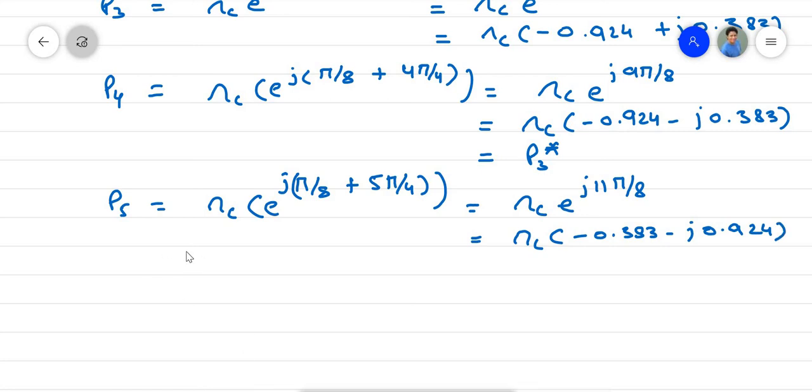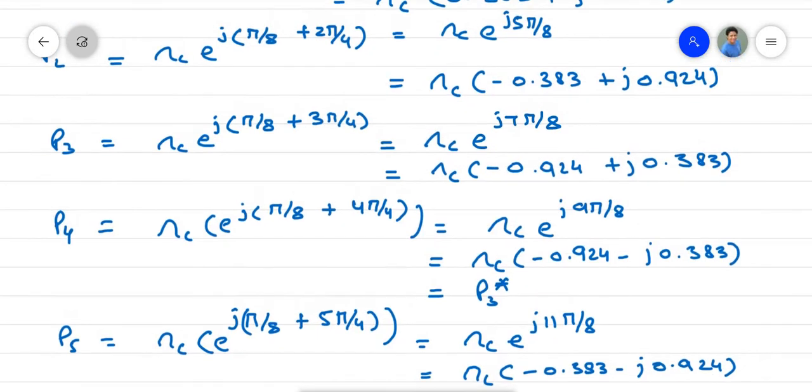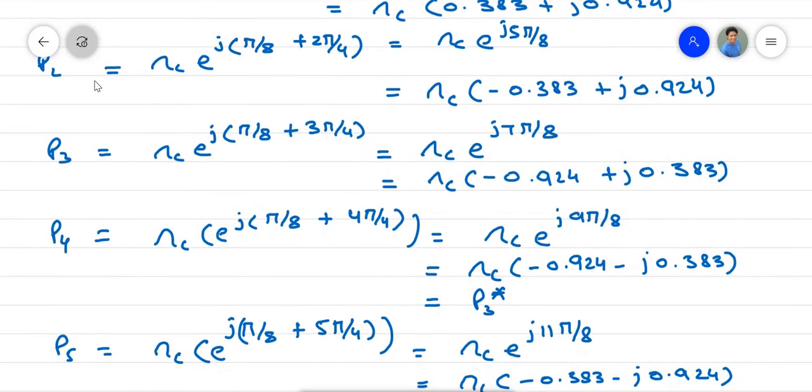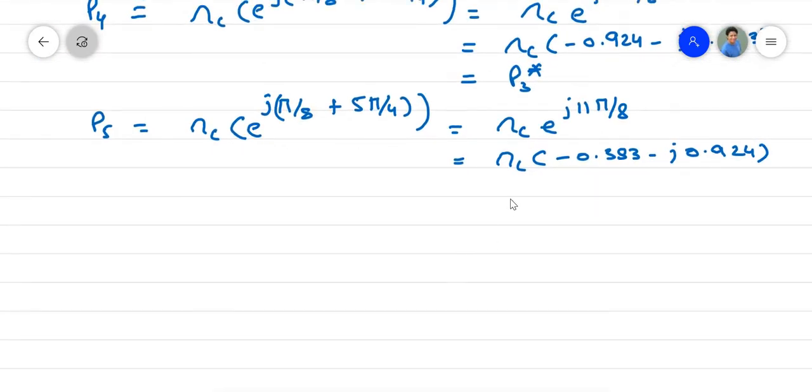Now if we compare this pole P5 with pole P2, which is omega c times minus 0.383 plus j 0.924, whereas this is minus j 0.924, we can directly see P5 is nothing but a complex conjugate of P2.